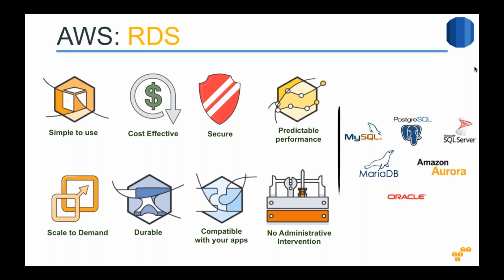If you remember, we saw IOPS when we were talking about EBS classes. If you chose something like 20,000 IOPS, you are guaranteed to get 20,000 input output operations per second when you choose an EBS volume of that size. That is how Amazon guarantees that your database performs at a predictable level.